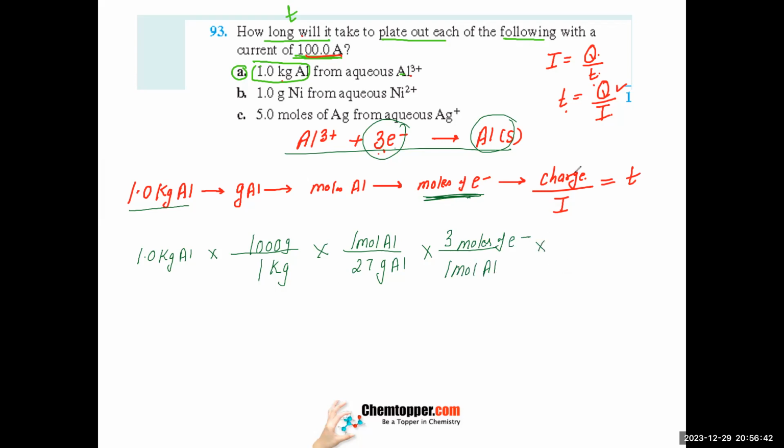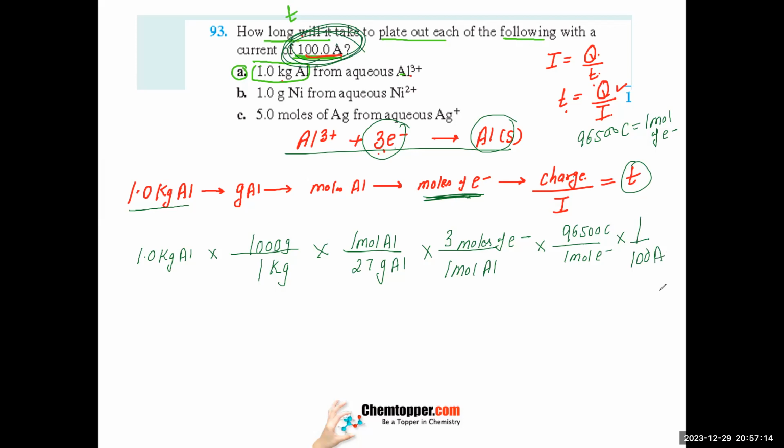Now convert that into charge. I know that 96,500 coulombs is 1 mole of electron. That will be given to you in the exam. So I plug in this 96,500 coulombs in the numerator and 1 mole of electron in the denominator. But I'm asking for time. So I'll divide this complete answer with 100 amperes. 100 amperes is given.